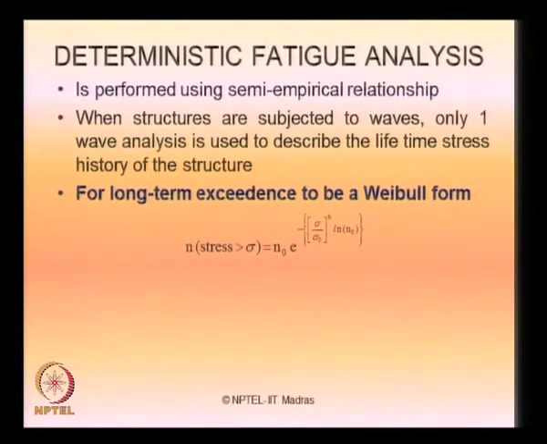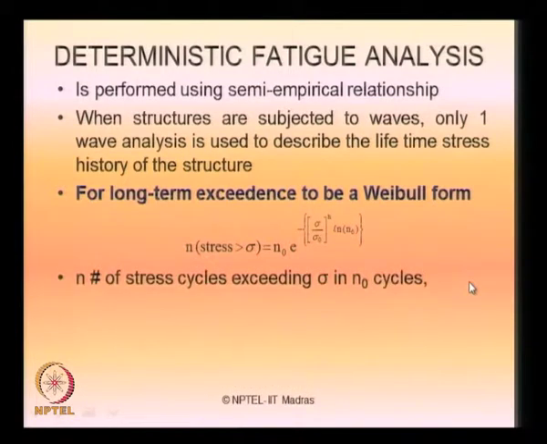For the long term exceedance, if you understand that it is of a Weibull distribution, then the number of stress cycles which exceed the range sigma will be given by this expression as you see on the screen now, where n is the number of stress cycles exceeding sigma in n naught cycles.